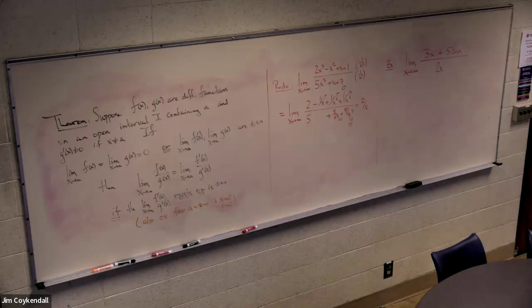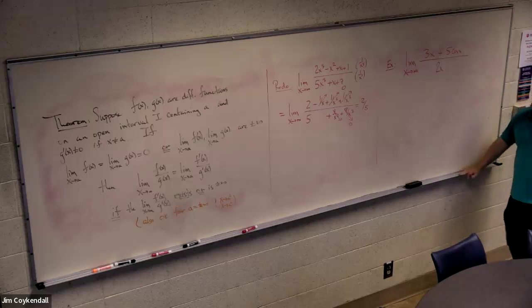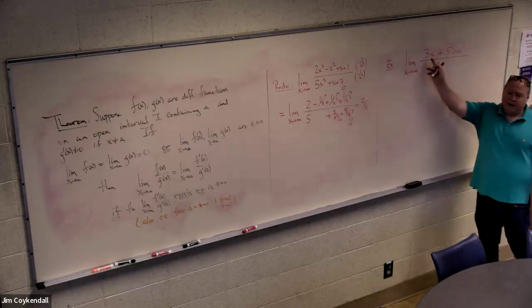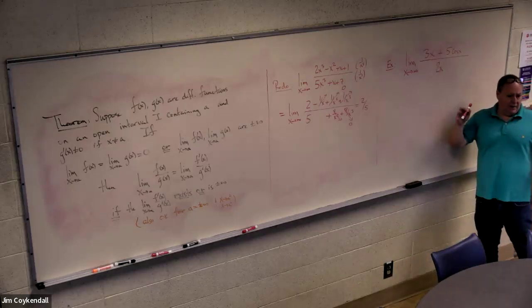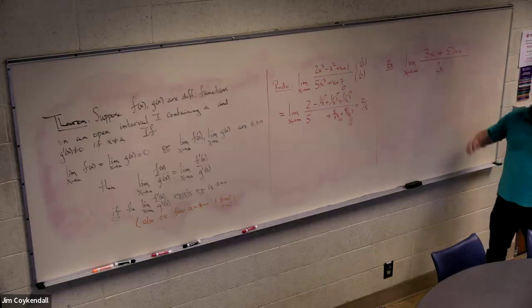Can anybody tell me what the limit is? Would everybody agree that the top is going to infinity? Right? 3x, as x goes to infinity, is getting cubed. Everybody agree with that? What does 5 cosine x do?